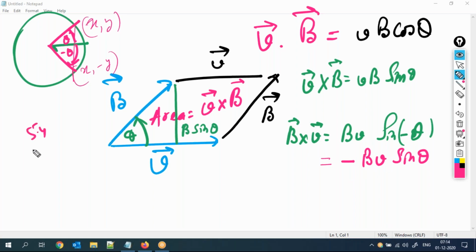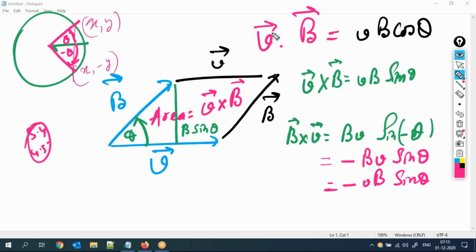Scalar, 5 into 4 or 4 into 5 doesn't matter. So it will be minus B V sin theta. Any question? So they are just opposite.